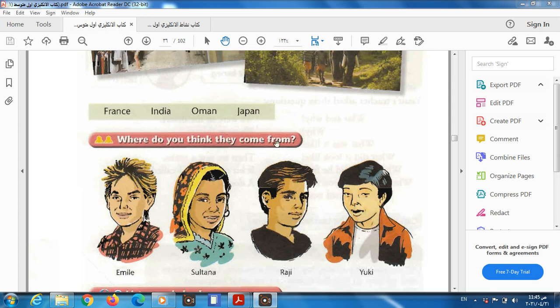Sultana comes from Oman. Raji comes from India. راجي أول مرة أنزل الفاعل راجي الاسم بعدين الفعل comes from أصله من India. Last one is Yuki. Yuki comes from Japan. Means Yuki أصله من اليابان.